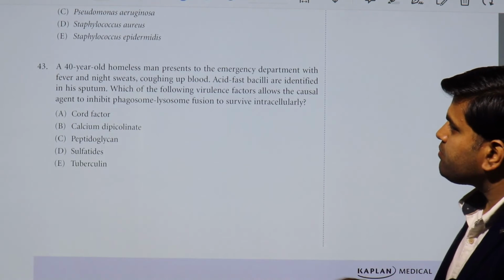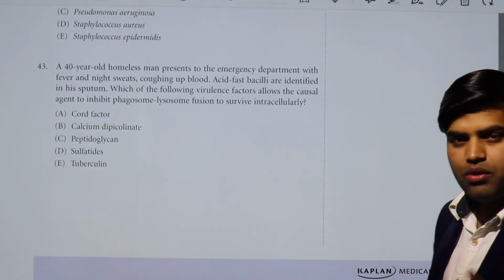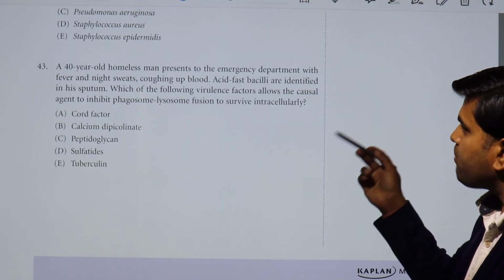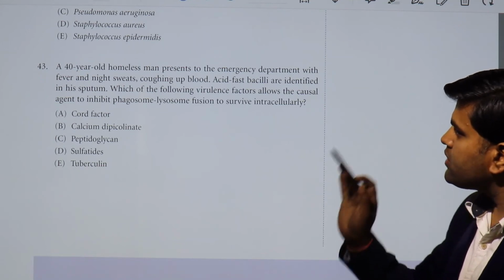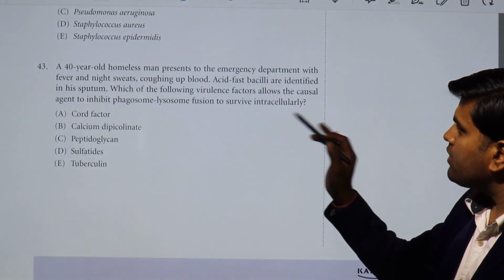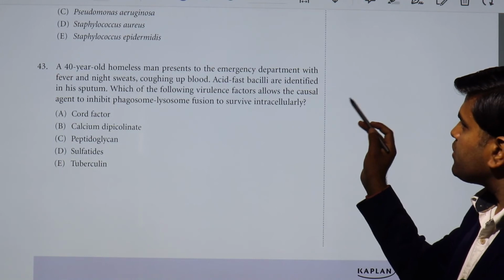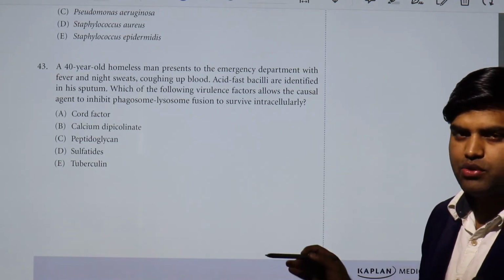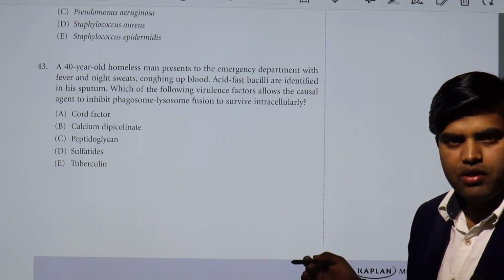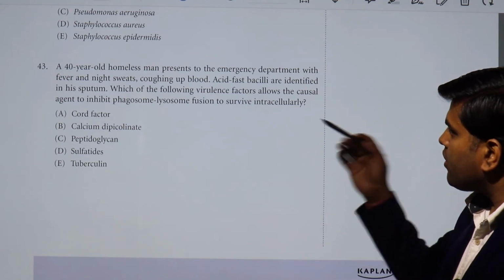Moving forward, we can reach another question: a 40-year-old homeless man presents to the ER with fever, night sweats, and coughing of blood.